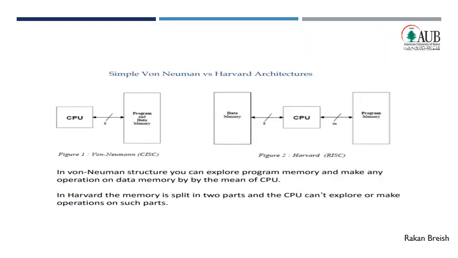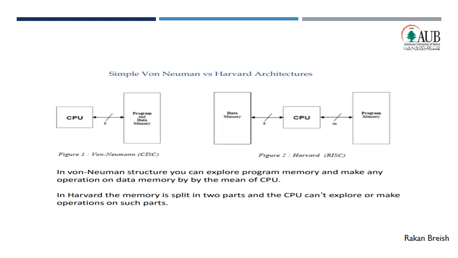As we see in this example, we see a CISC architecture in figure 1 versus a RISC architecture in figure 2, and we can see that the CPU is directly connected to the program and data memory in CISC, unlike the RISC architecture.